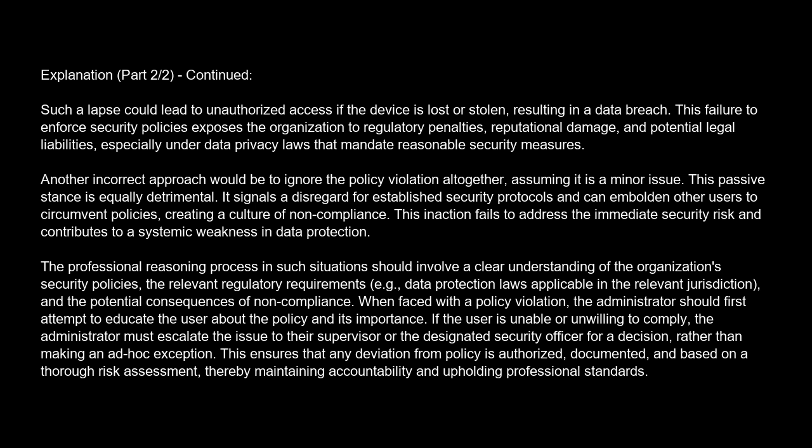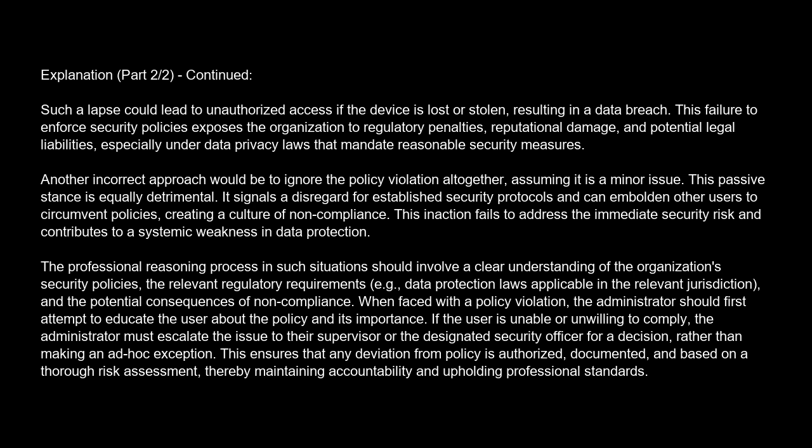The professional reasoning process in such situations should involve a clear understanding of the organization's security policy, the relevant regulatory requirements, e.g., data protection laws applicable in the relevant jurisdiction, and the potential consequences of noncompliance. When faced with a policy violation, the administrator should first attempt to educate the user about the policy and its importance.